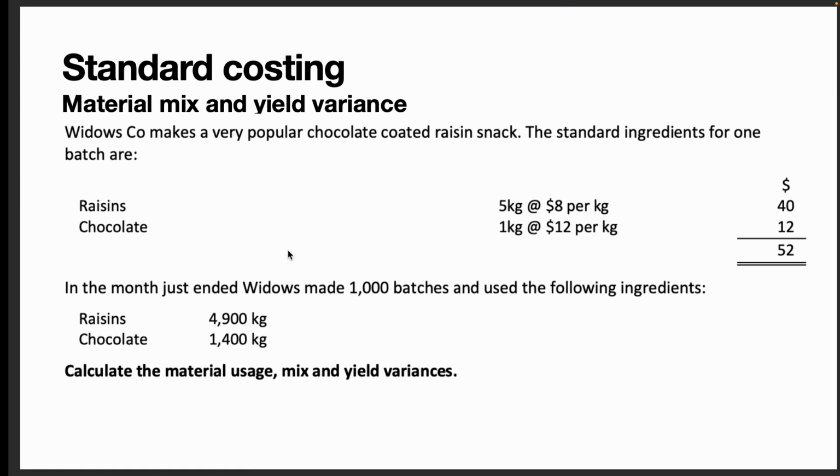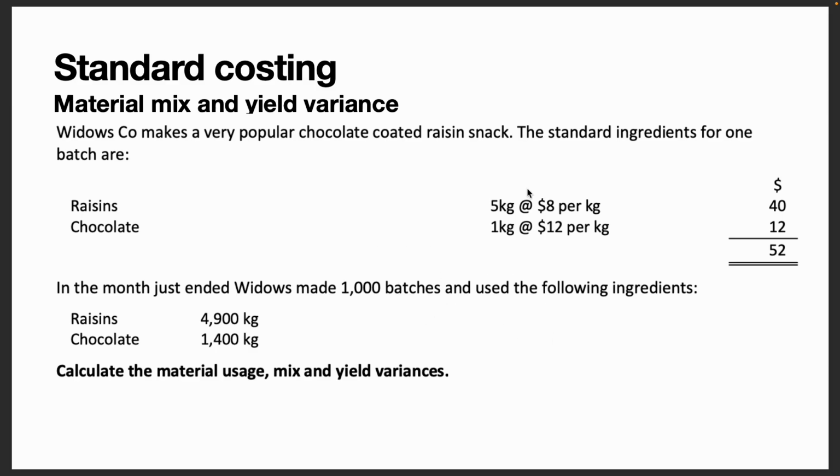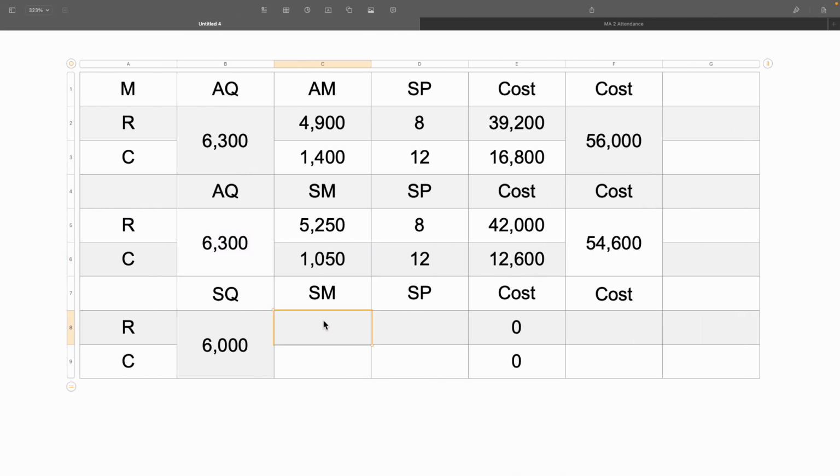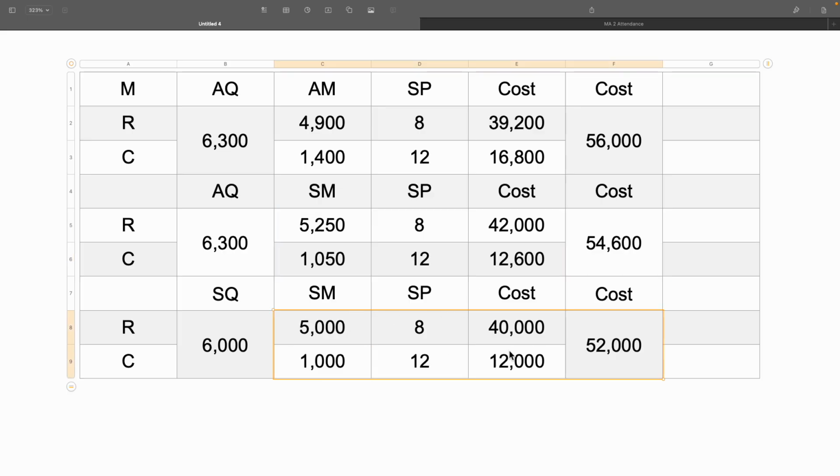Okay, make sure you understand that one. 1,000 batch should have used 6,000 because one batch is 6 kg on standard. So 1,000 batch should use 6,000 kg. Now you break this up the same way. Okay, and that should have been the cost that you can get. Okay, are you okay on the calculations first?